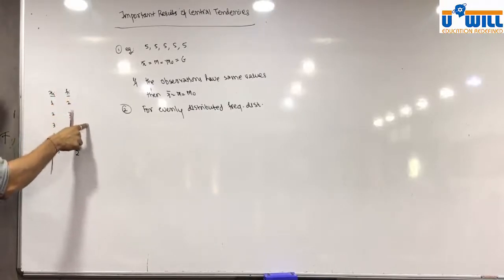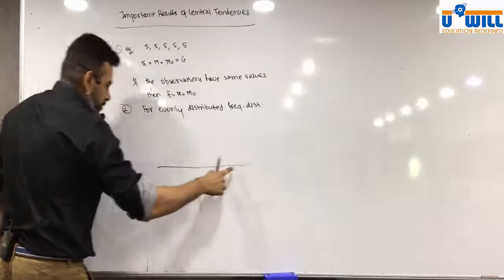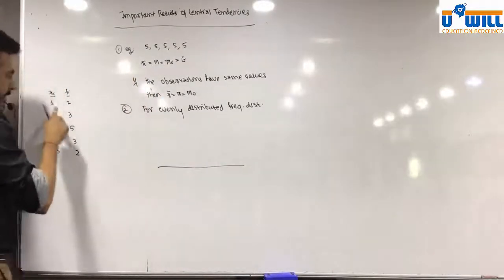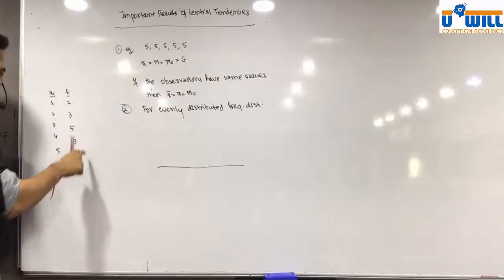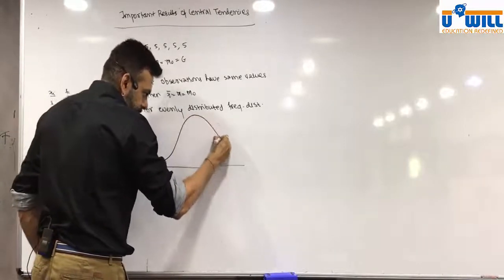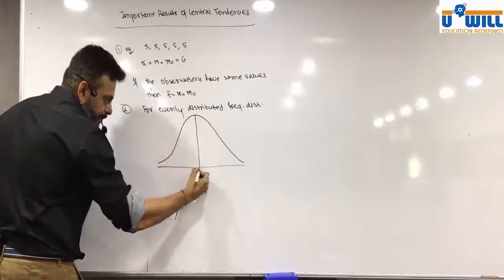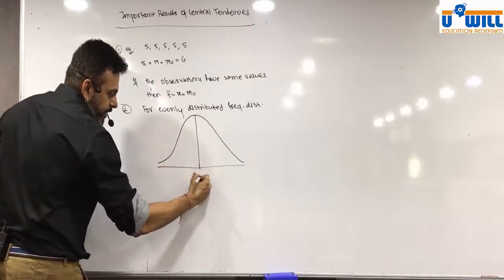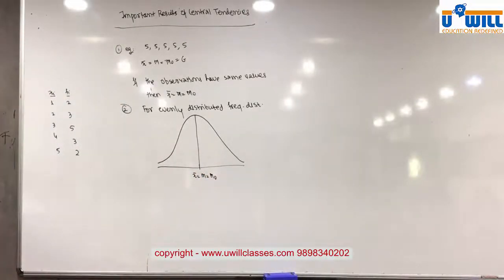If I make a graph over here, on the x-axis I take values of x, and on the y-axis I take the frequency. I'll get a bell-shaped curve, and the centermost is mean equal to median, which is equal to mode.